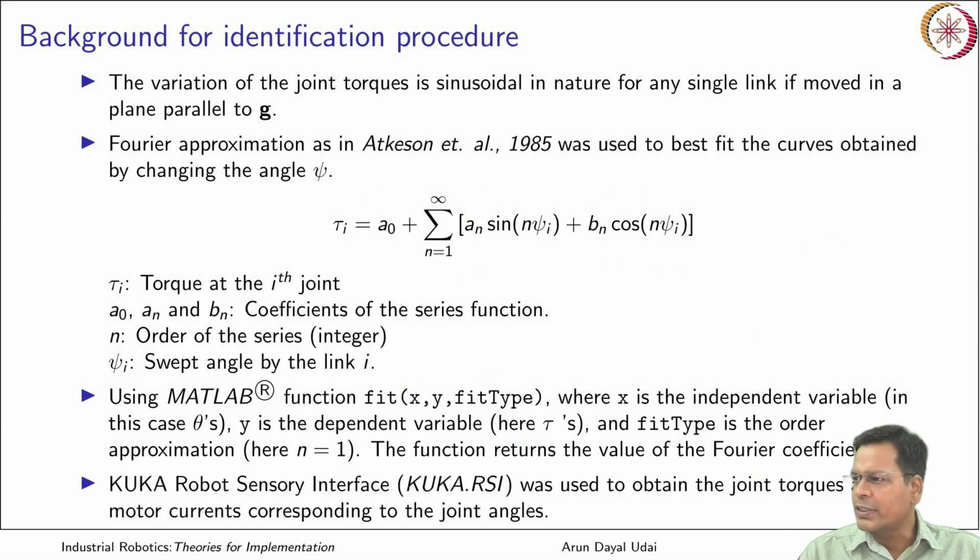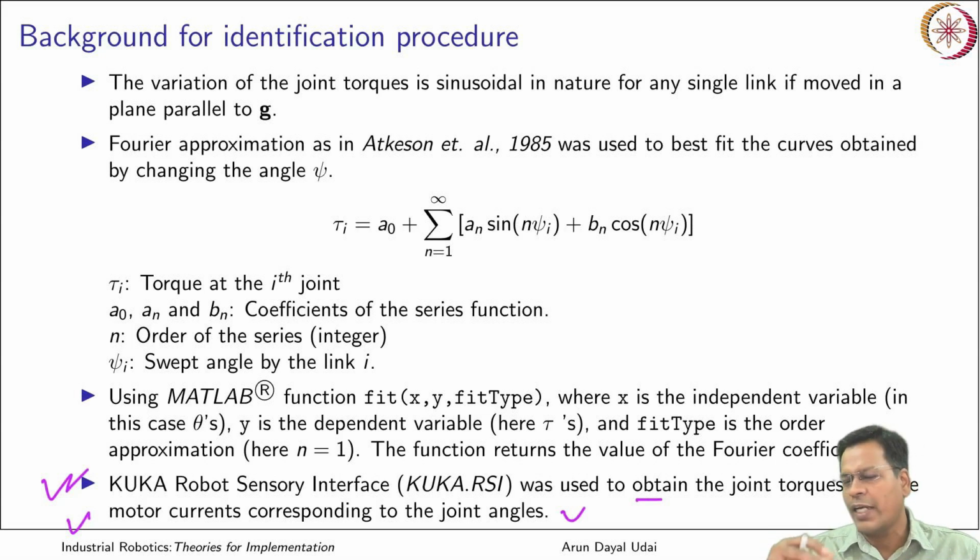So, KUKA Robot Sensory Interface, KUKA RSI. I am going to use the KUKA KR5 ARC robot as I told. I am going to use this add-on now that allows me to obtain the joint torques and the motor currents corresponding to the joint angles. So if I move this robot, I can use this add-on to obtain all the joint torques.